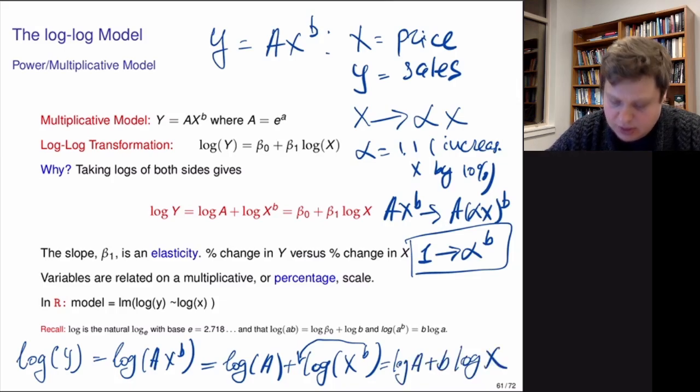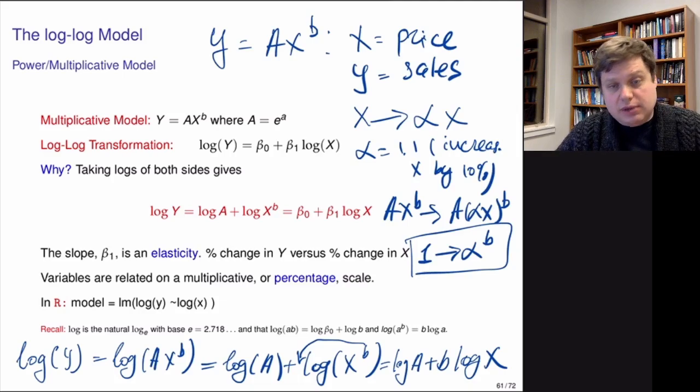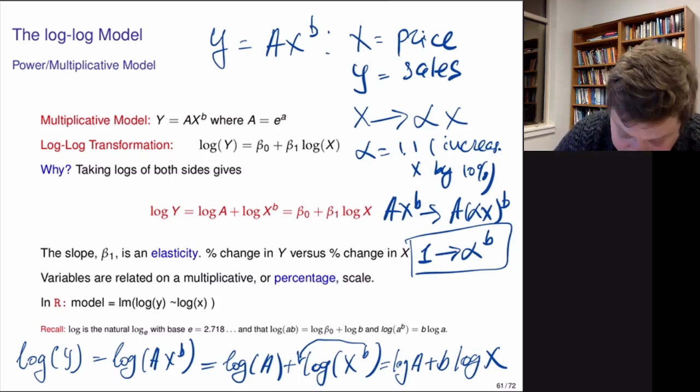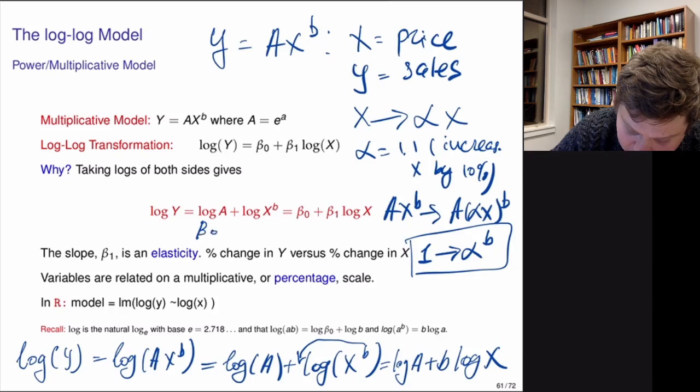All right, and actually the relationship is linear now. On the logarithmic scale, the logarithm of y is linearly related to the logarithm of x. So we're back to our linear model, where the log of a is our beta 0, and our beta 1 is just the coefficient b.